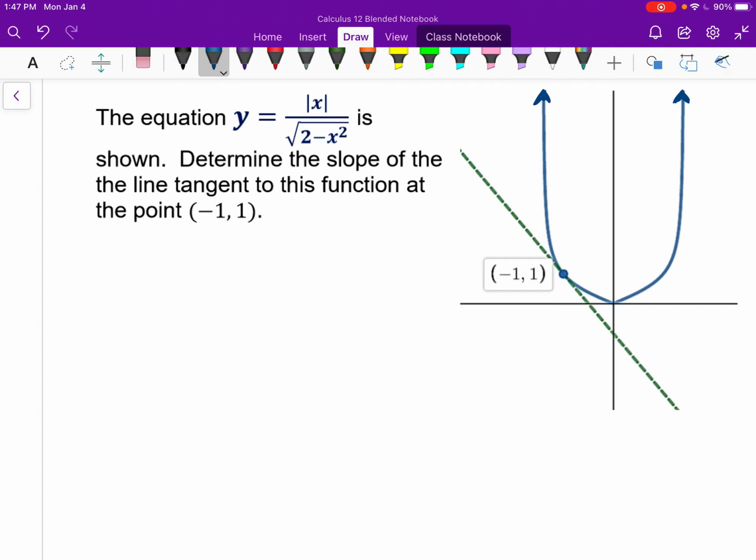So one thing to realize is that absolute value of x can be a bit of a pain, except in this case it's not too bad to deal with, because in the end, I want to find the derivative when x is -1. And so when x is -1, that absolute value up there is going to have the effect of changing the sign.